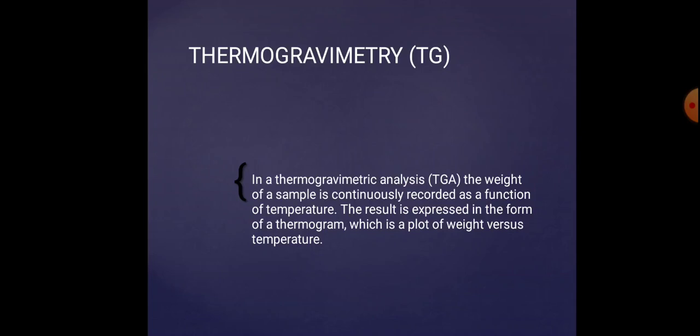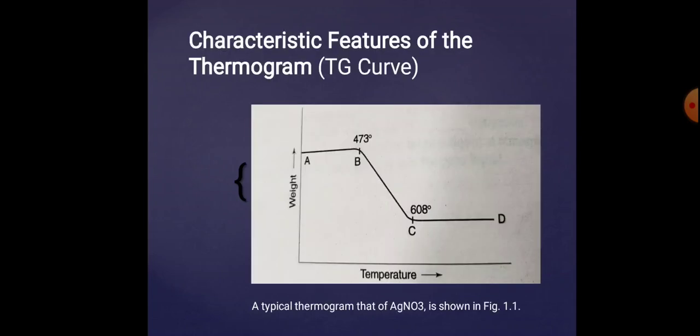For example, this is a typical thermogram, the thermogram of AgNO3. It shows the characteristic features of the thermogram of AgNO3. Now what does it indicate?